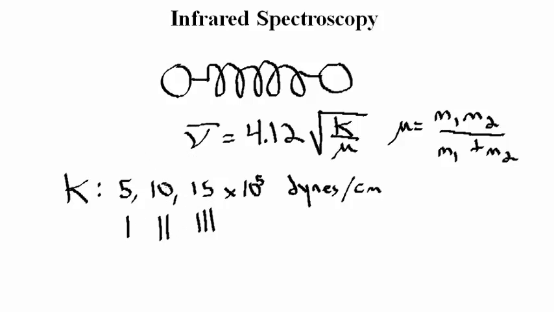So using this value of the force constant for a single bond, we can calculate the frequency for the stretching vibration of a single bond between carbon-12 and hydrogen. So we want to calculate the frequency of the stretching vibration for this single bond.